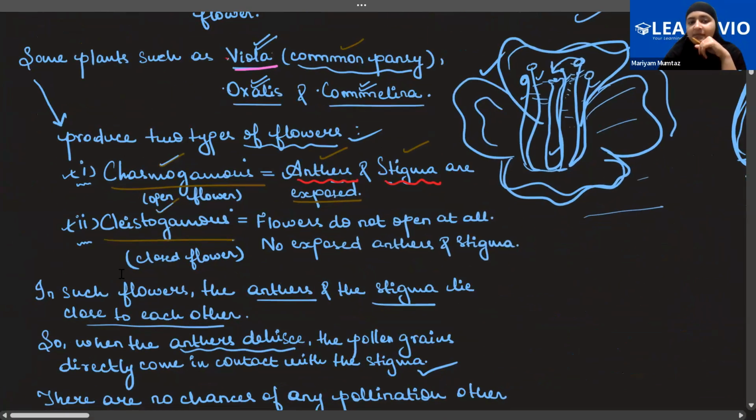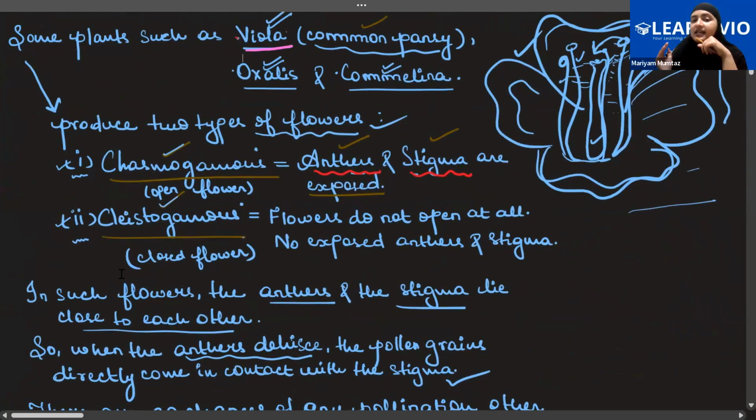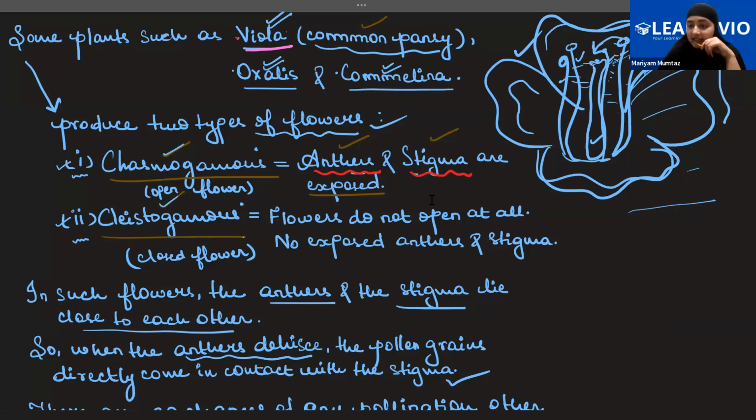One is the chasmogamous flower, meaning the anthers and stigma are exposed, meaning they are open flowers. Just like if you go and see a hibiscus flower, the hibiscus flower would have the anther and stigma exposed. That kind of flower wherein both the anther and stigma are exposed, we'll call the chasmogamous flower.